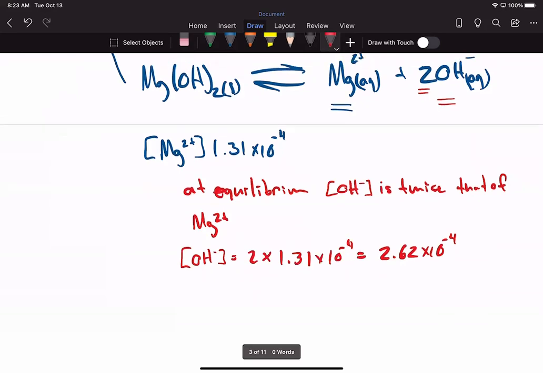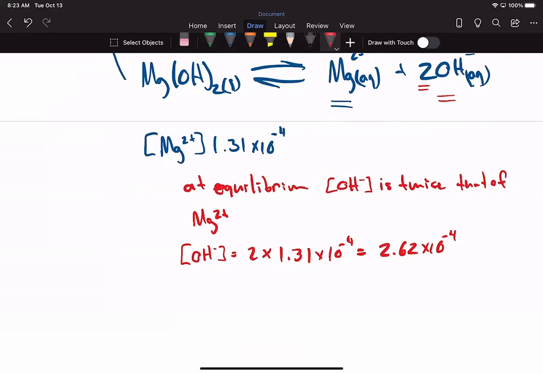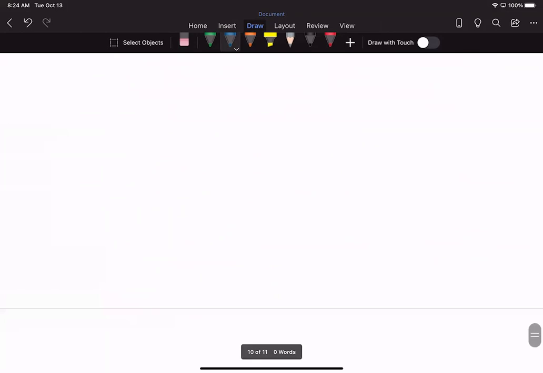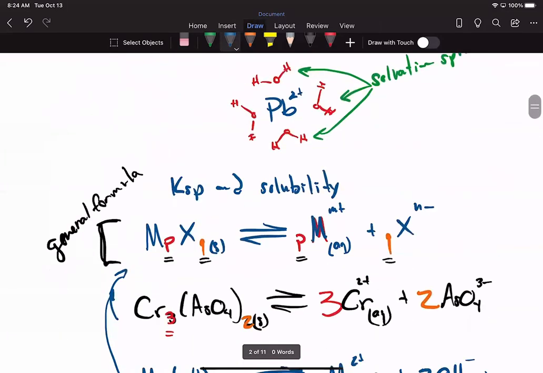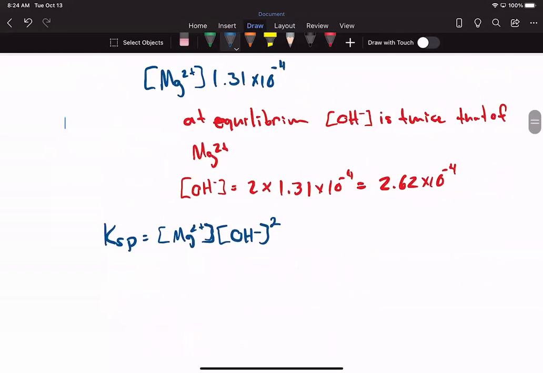So if we wanted to calculate the KSP, let's not forget this formula. Our KSP is going to equal the concentration of our products, Mg2+ and our hydroxide. But notice I have this 2 here, which means that I need to square that value. I know what both of these values are.